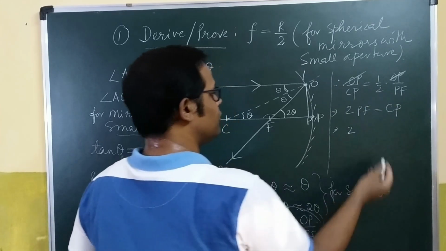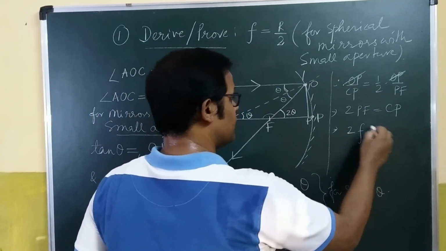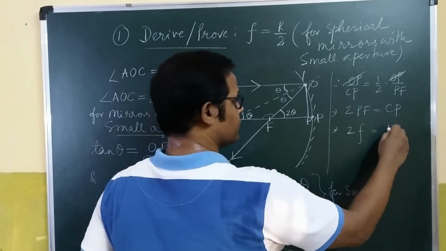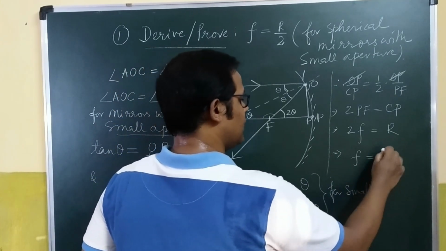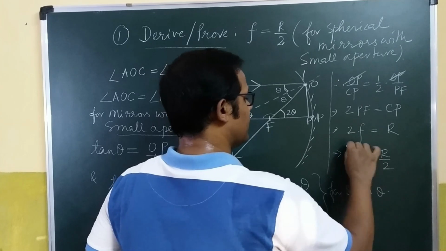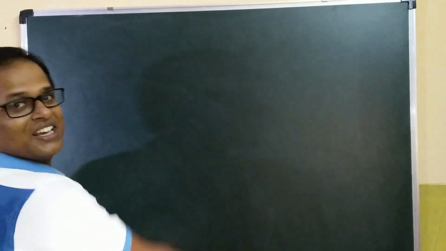So put in the values. PF is nothing but your focal length, so it should be F, and CP is nothing but your radius of curvature. So R equals 2F, or if you wanted to say, F should be equal to R by 2. Hence, do share it among your friends, my dear students, right?